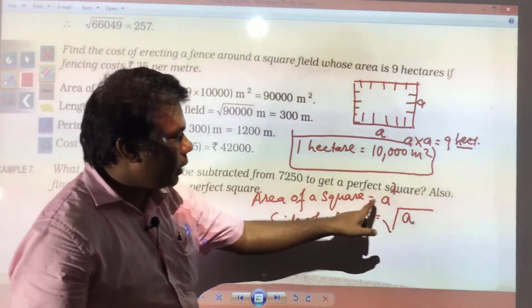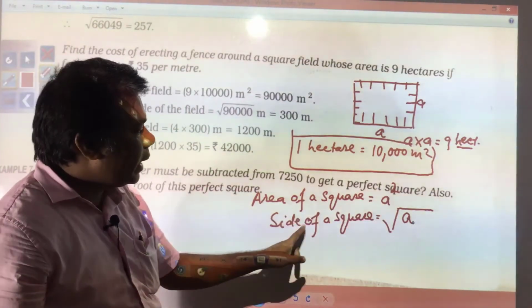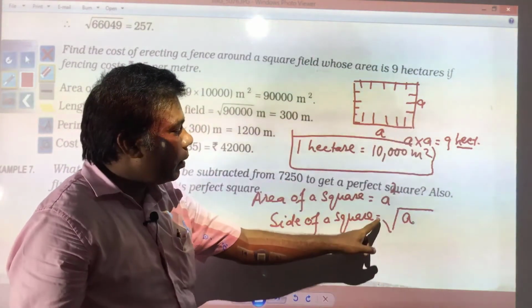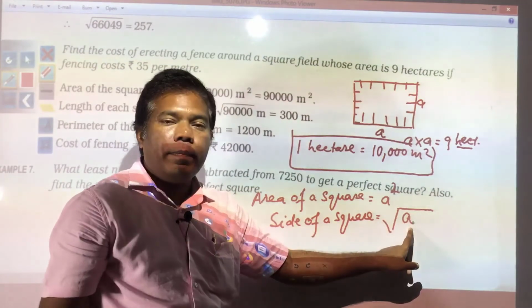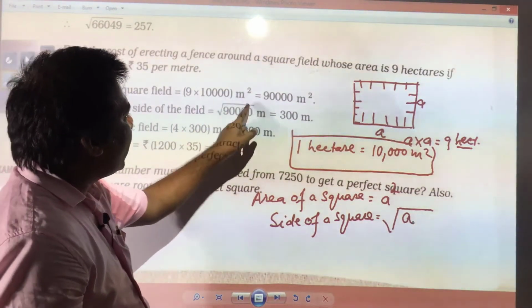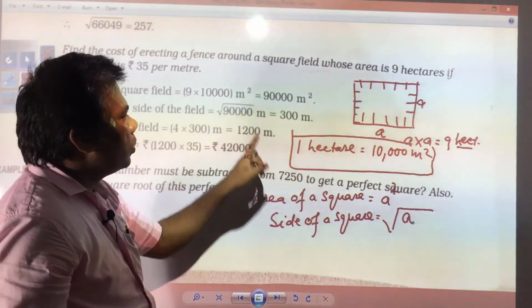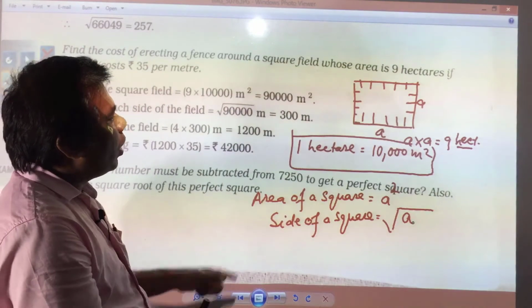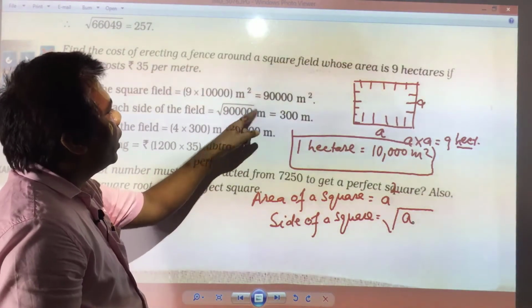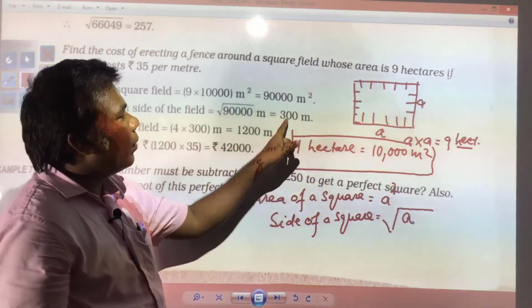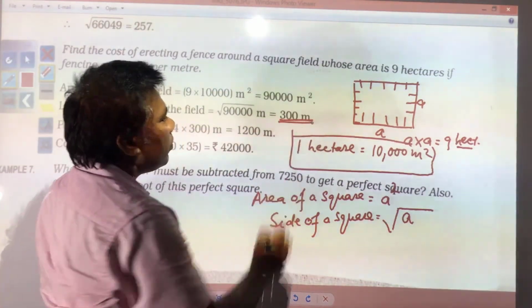Area of a square is equal to A square, and side of a square is the square root of area. So, area you have 90,000, so you need to find the square root of 90,000. By prime factorization method or by long division method, you find the square root of 90,000. So you have got 300 meter.